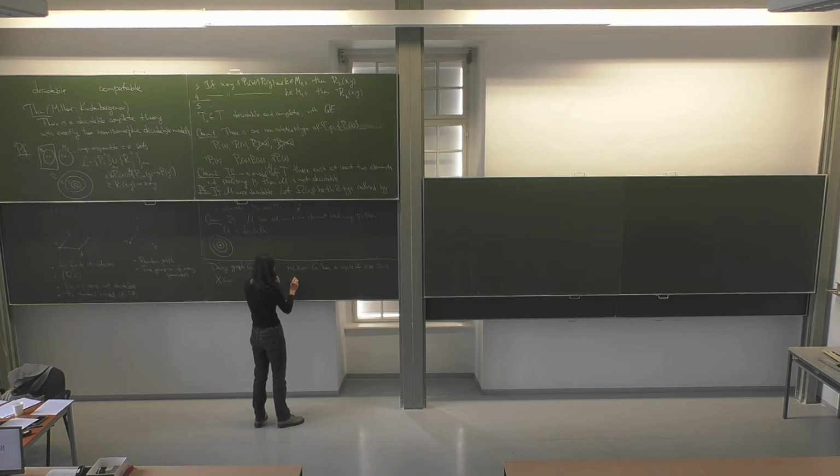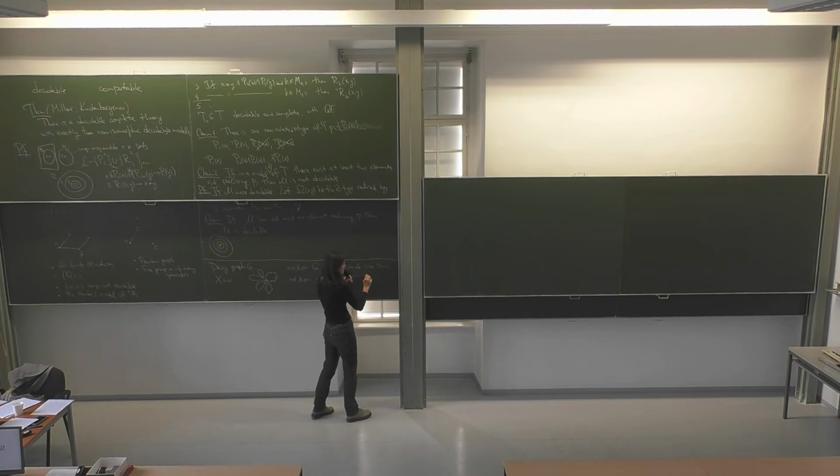And n is not in X if and only if G has a cycle of size 2n plus 3.